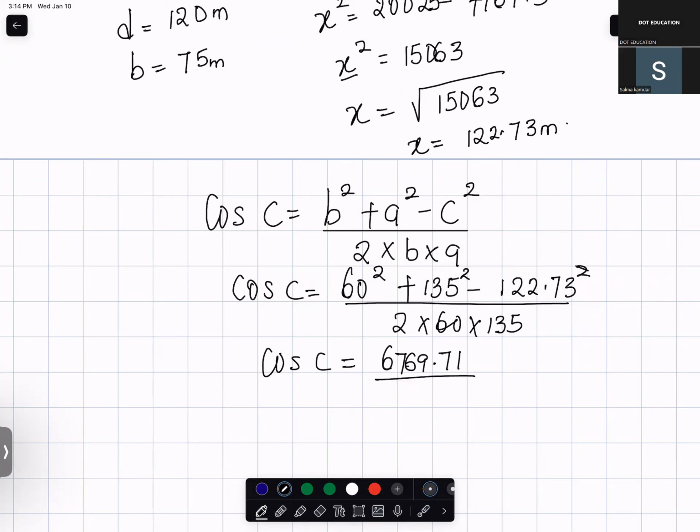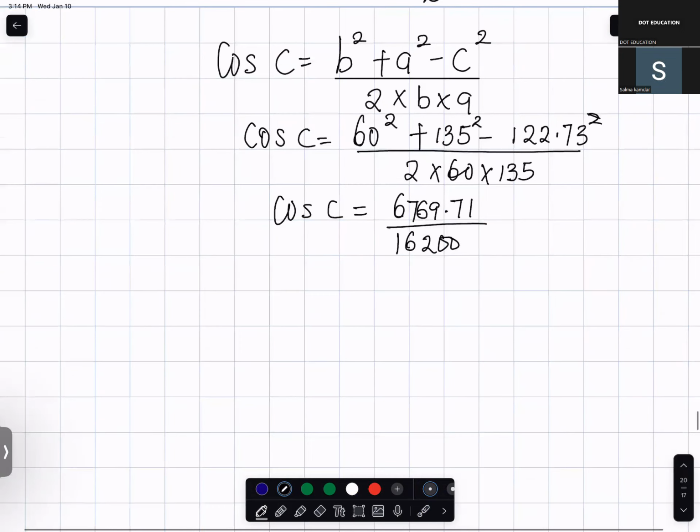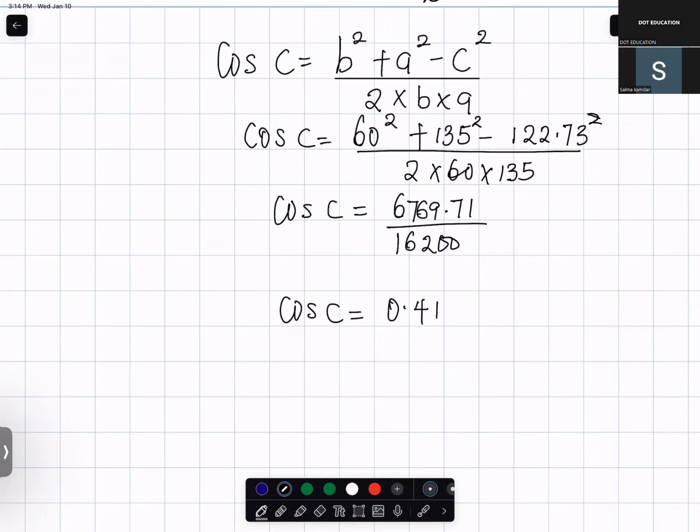Divided by 16200. So we have our cos C as 0.4179. Since we are looking for C and not cos C, it becomes C equals cos inverse of 0.4179.